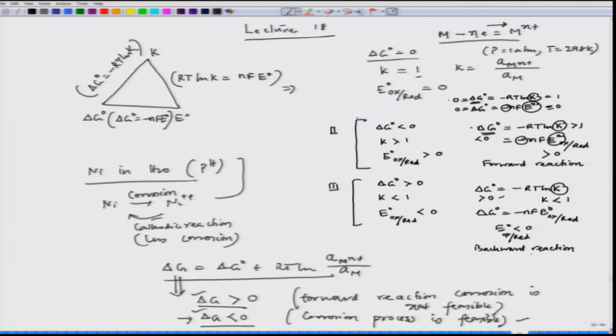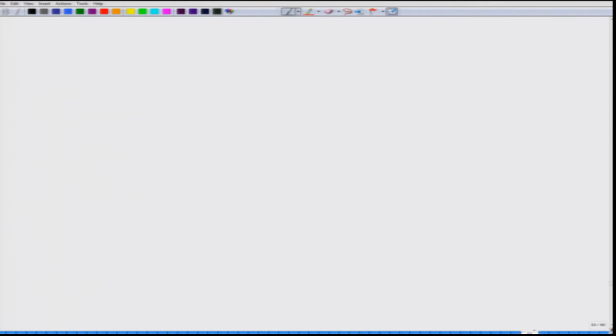When we talk about corrosion in that solution, the corrosion process becomes spontaneous. And when we talk about spontaneity, we have to consider free energy change and say this condition is met. Now, in order to do that, we will take up a problem.